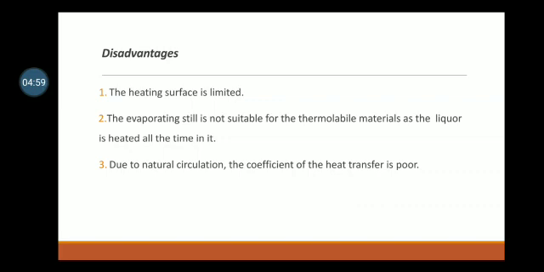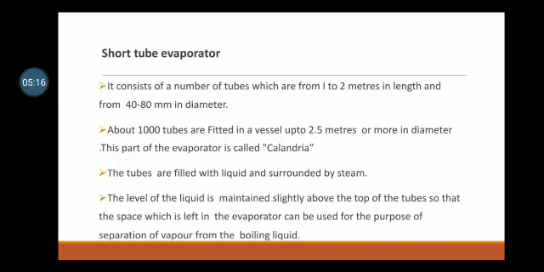Disadvantages: the heating surface is limited. The evaporating still is not suitable for thermolabile materials as the liquor is heated all the time in it. Due to the natural circulation, the coefficient of heat transfer is poor.